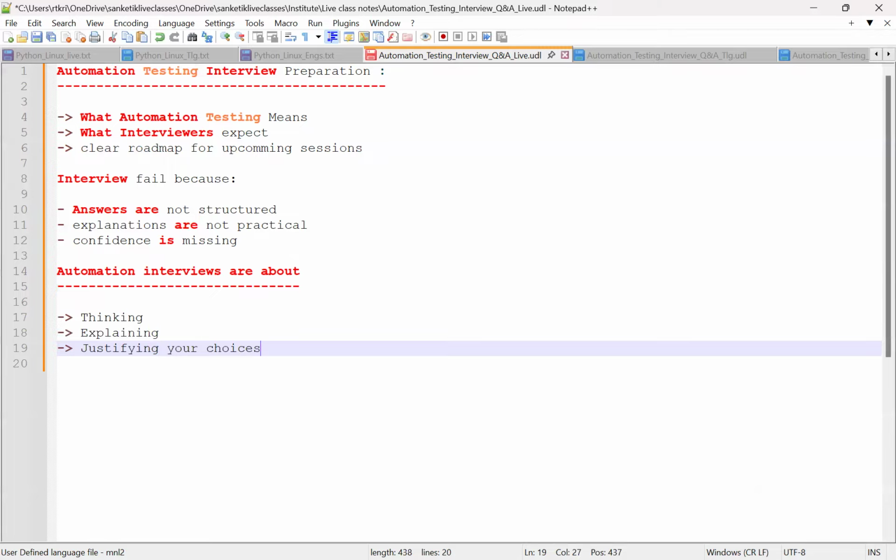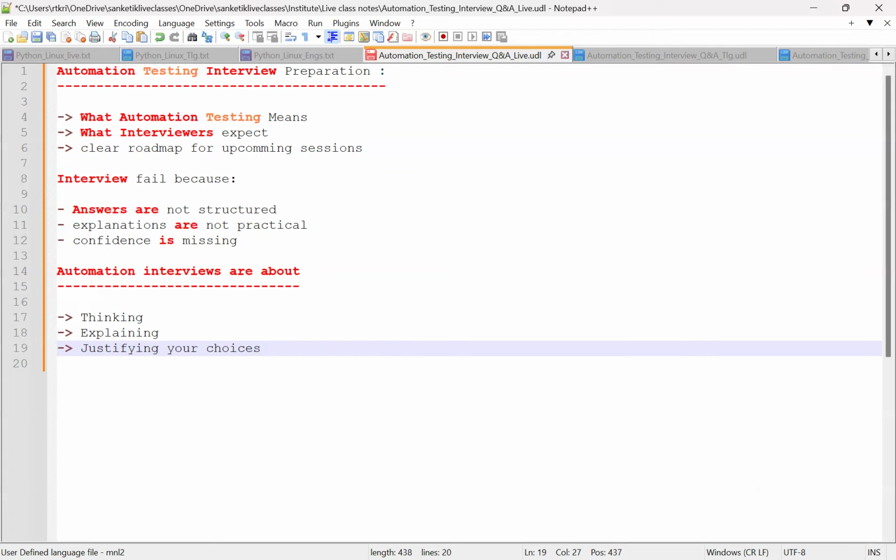Then, automation testing is not writing scripts only. Most of them think that just writing the automation scripts is enough to get a job, or enough to become a good automation engineer. But in real time, we are not only part of writing the scripts. We are also part of designing test frameworks and maintaining tests.